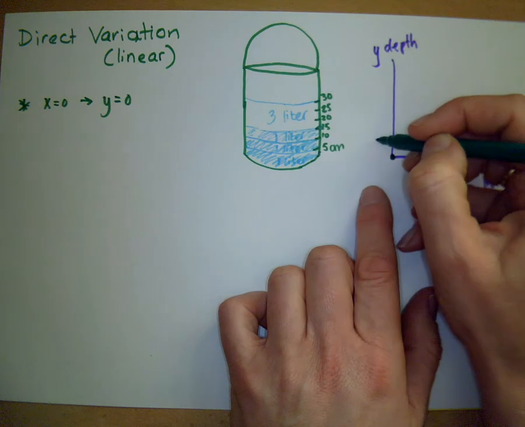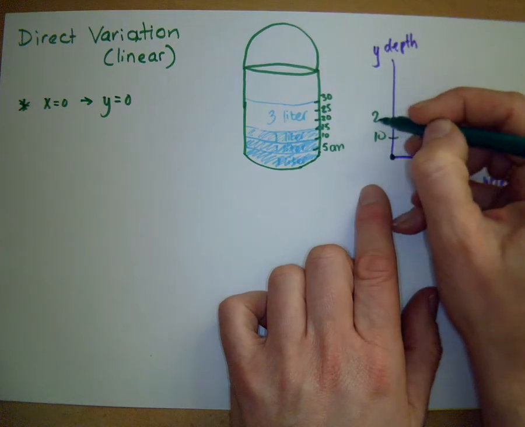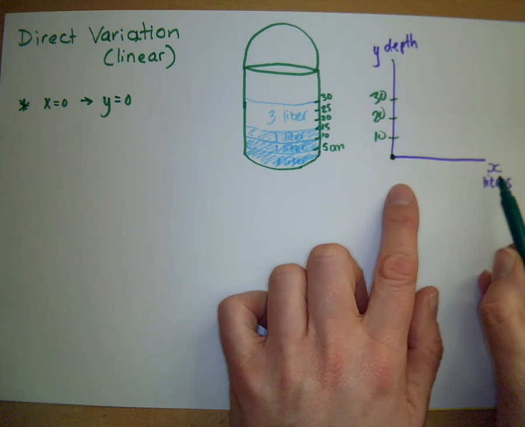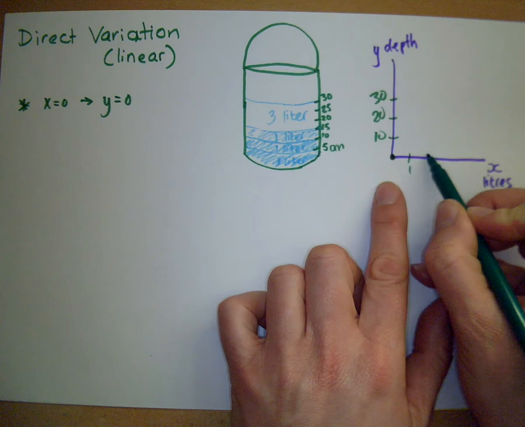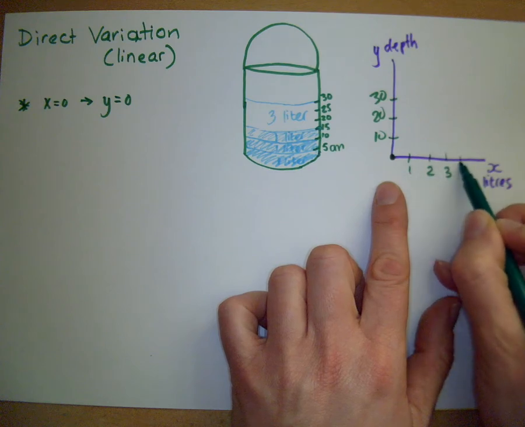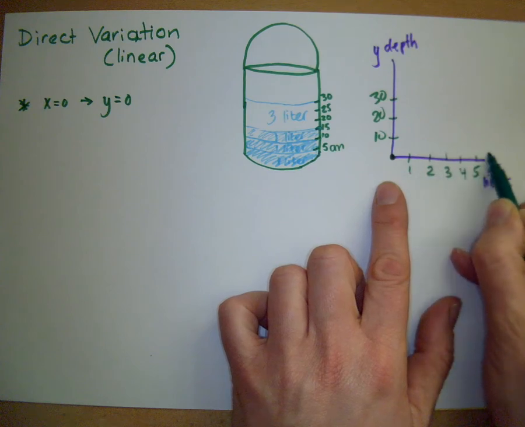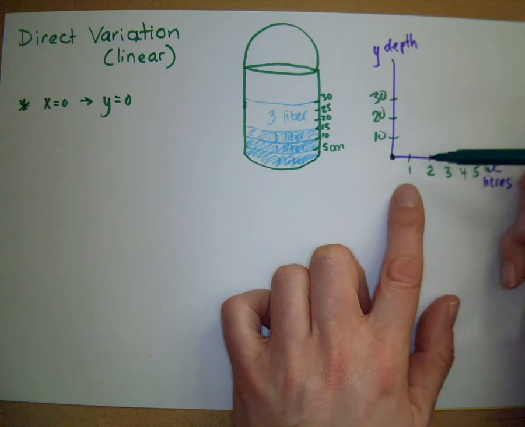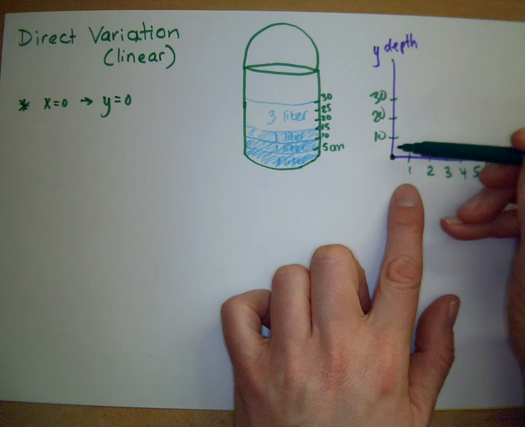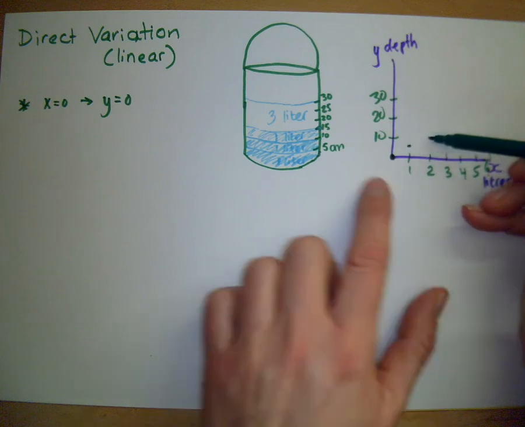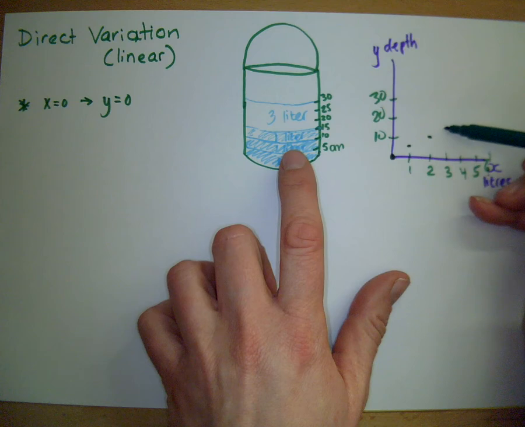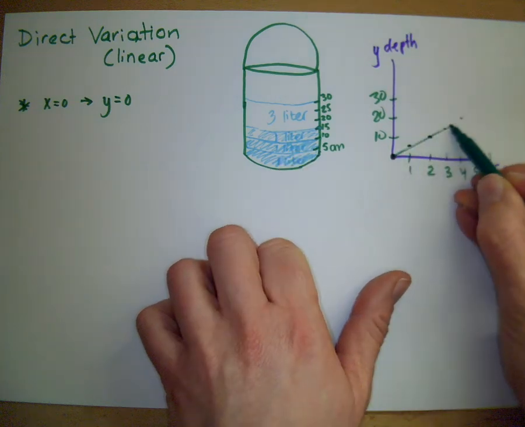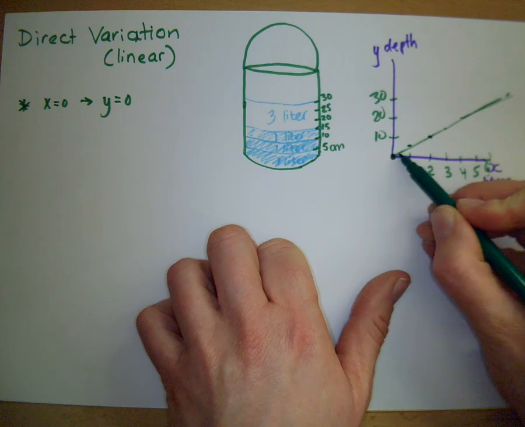Let's quickly do the graph. 10, 20, 30, and say these are our liters. 5 and 6 is here, and I can't write it anymore, that's okay. When 1 liter is in, there's 5 centimeters. For 2 liters, there's 10 centimeters. See? 4, 20, and the line would look something like this.